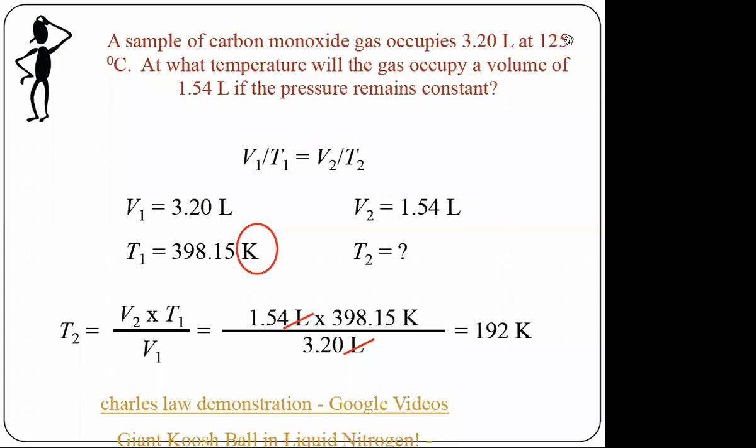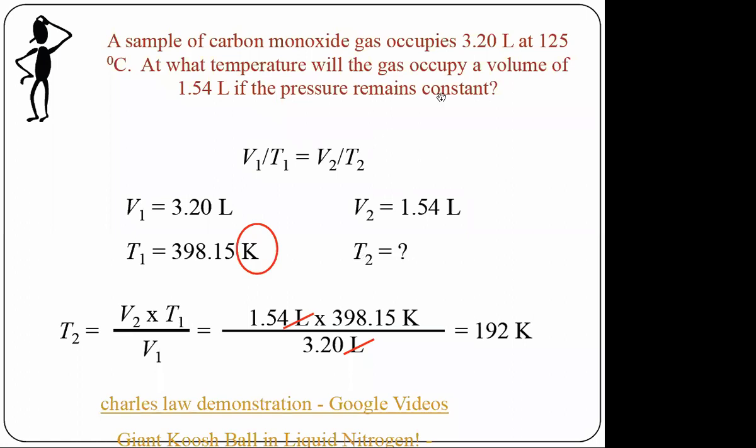This is our temperature, and we'll convert it to Kelvin by adding 273.15, so you have 398.15 Kelvin. Then at what temperature will the gas occupy a volume of 1.54 liters? So the new volume V2 is 1.54, and our temperature T2 is the unknown.